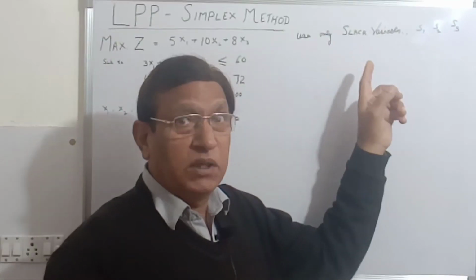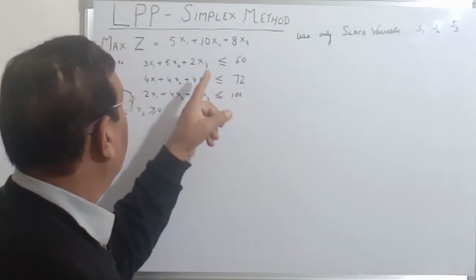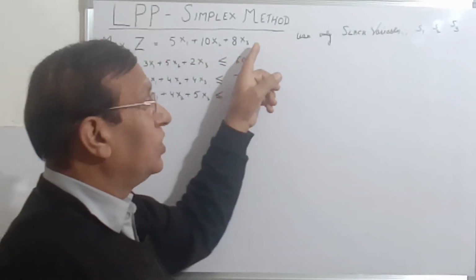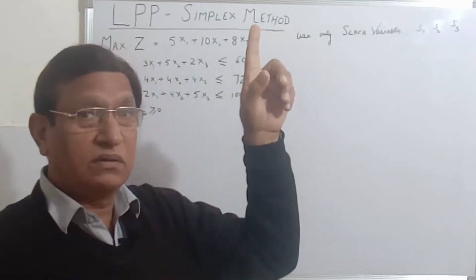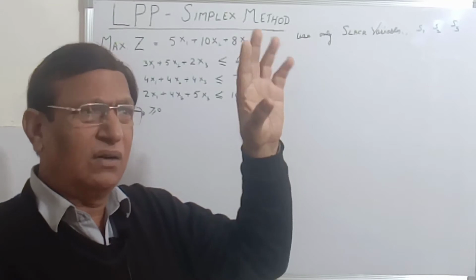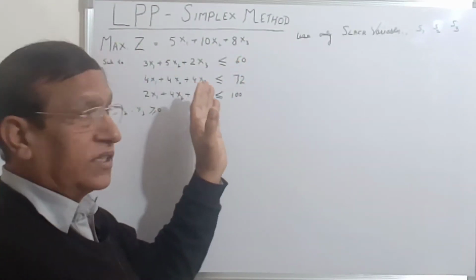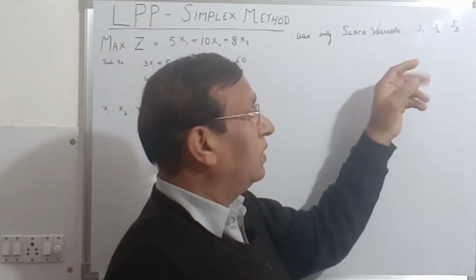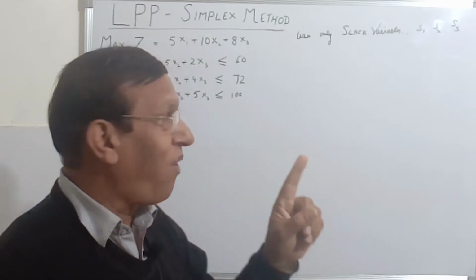How are these variables used? These variables S1, S2, S3 are added into the objective function with 0 coefficient. 0S1, 0S2, 0S3. Number 1. There are only 2 parts: objective function and equations. So in the objective function, slack variables are used with 0 coefficient. 0S1, 0S2, 0S3.